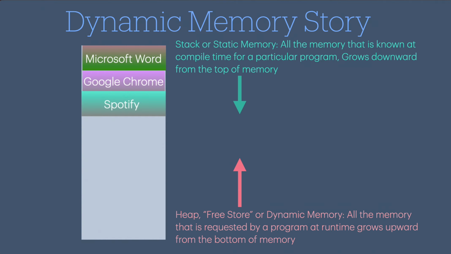So here's the dynamic memory story. The stack, which houses static memory, memory that is determined at compile time, grows downward from the top of memory. So the stack is all the memory that we know before we run the program.